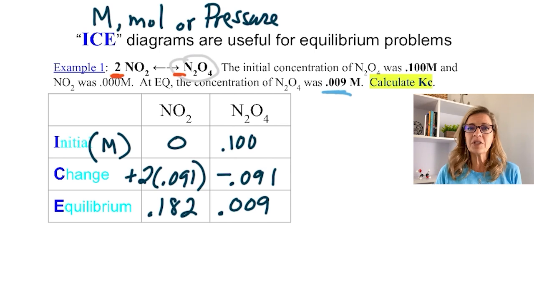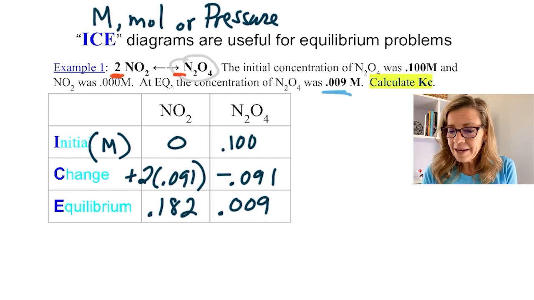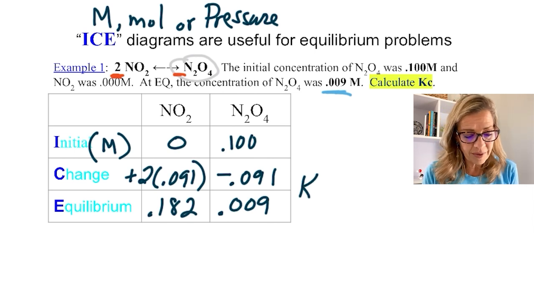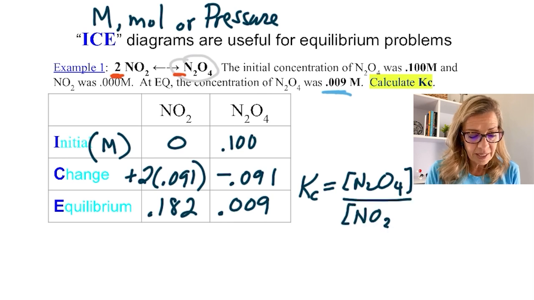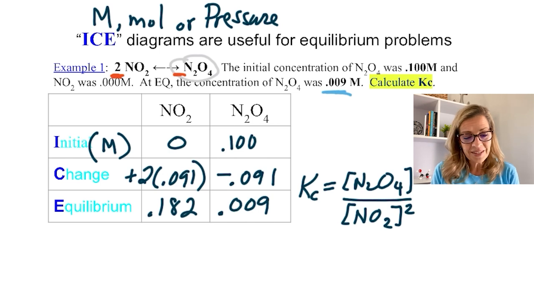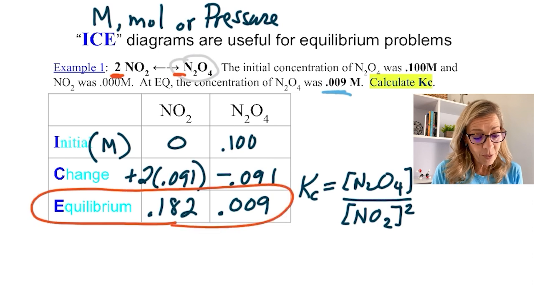So the ICE table is just to get to those equilibrium concentrations. Now, we're going to calculate Kc. I've got an equilibrium constant expression here, so NO2 squared over N2O4. Now, these are both gases, I know that, so I'm including them in the expression. Now what I need to do is plug in the equilibrium concentrations. Well, I have them in my nifty little ICE table.